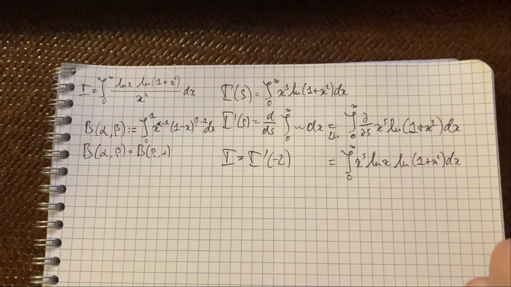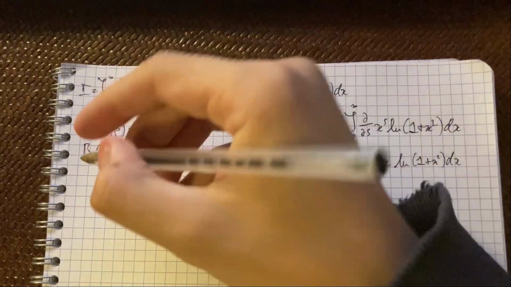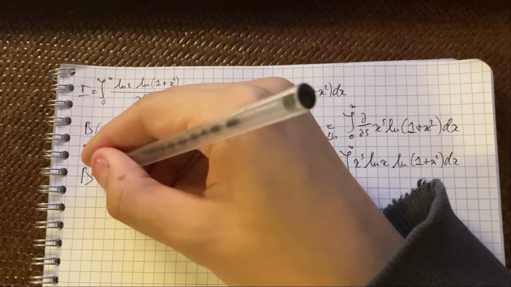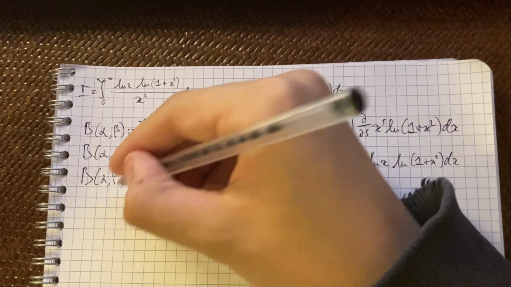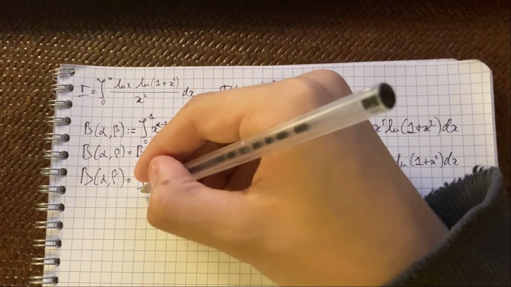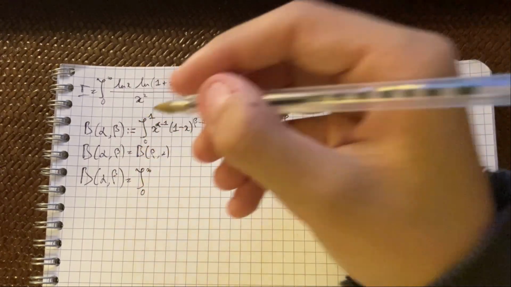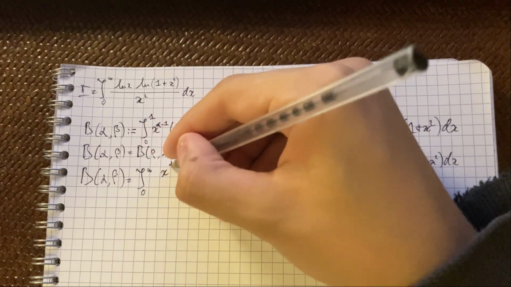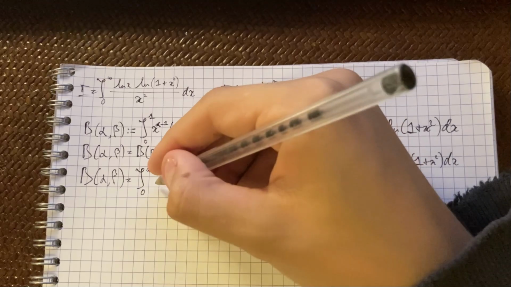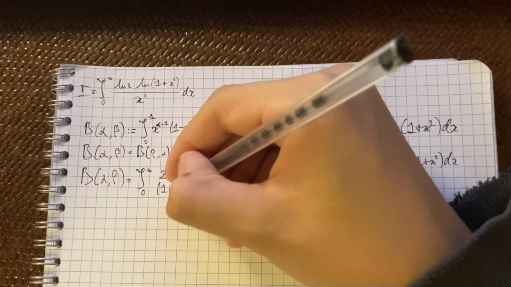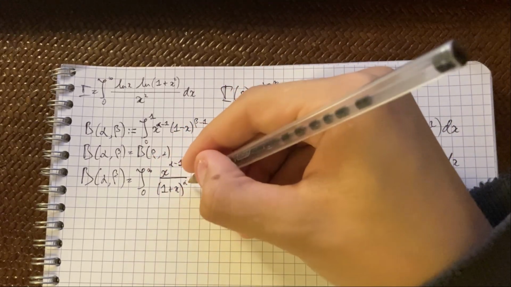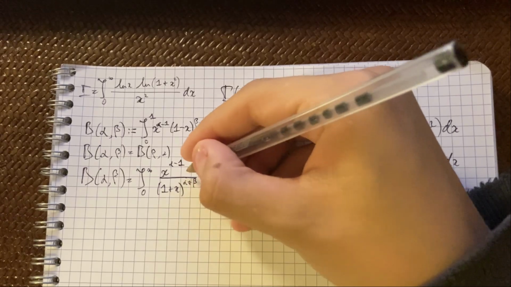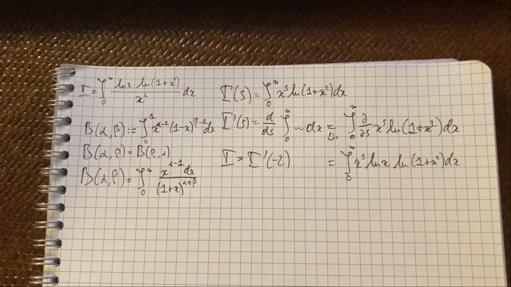The case which will help us here is this one. Beta of alpha, beta equals the integral from 0 to infinity of x to the alpha minus 1 power divided by 1 plus x to the alpha plus beta power, dx.